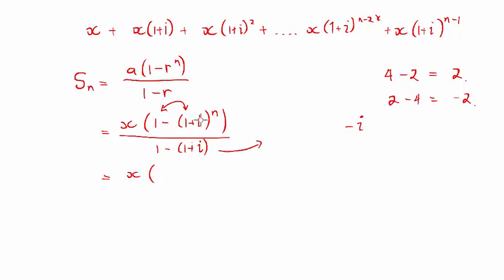If I change the sign in the numerator, I can change the sign in the denominator as well. So this becomes x times ((1 plus i) to the power of n minus 1) over i. And there's my formula for the future value after n payments.